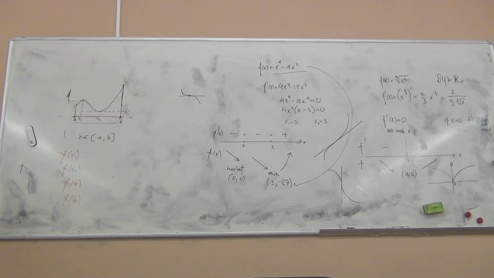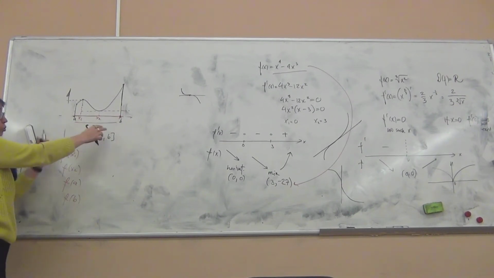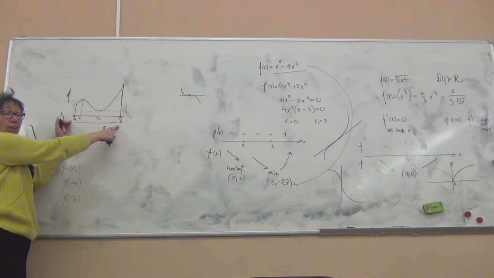Yes. We should check the critical points, meaning the points where the derivative equals 0, or perhaps does not exist, but that's very, very rare, and the ends of the segment. By the way, if the function has more than 1 or 2 critical points, stationary points, we only check those which are inside the segment.